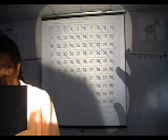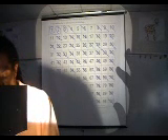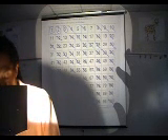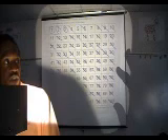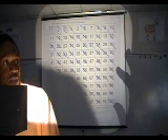Okay, 60, 63, 66, 69, 72, 75, 7 plus 5 is 12, okay? 78, 81, 8 plus 1 is 9, okay? 84, 87, 8 plus 7 is 15, and is 15 divisible by 3?